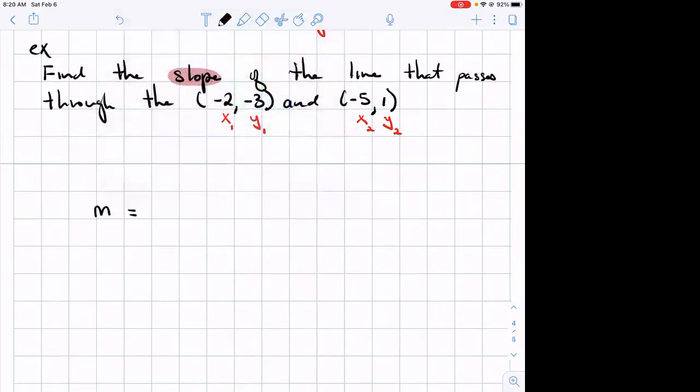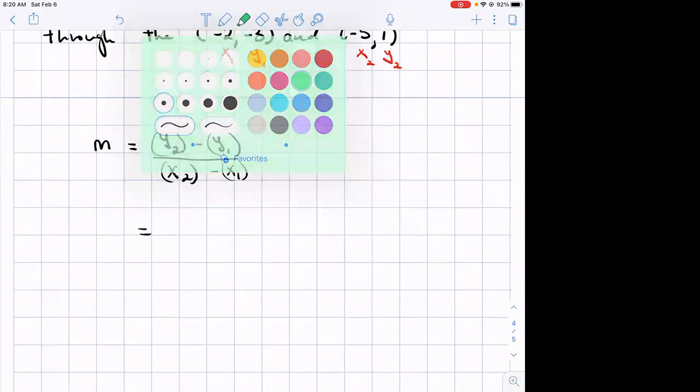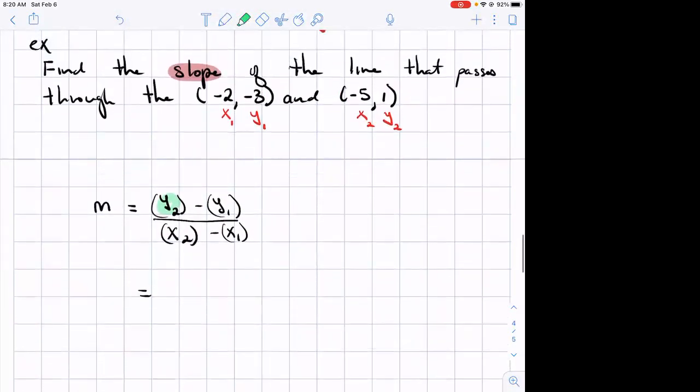M is equal to y2 minus y1 divided by x2 minus x1. What I'm going to do now is wherever I see y2, I will choose the number that I wrote y2 under.